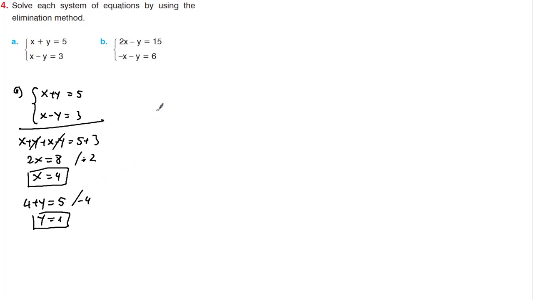Let's try to do the same on the second equation under b. So under b we do have 2x minus y, it's 15, and negative x minus y, it's 6. There are two ways to get coefficients with opposite terms here, 2 and negative 2, or maybe 1 and negative 1.